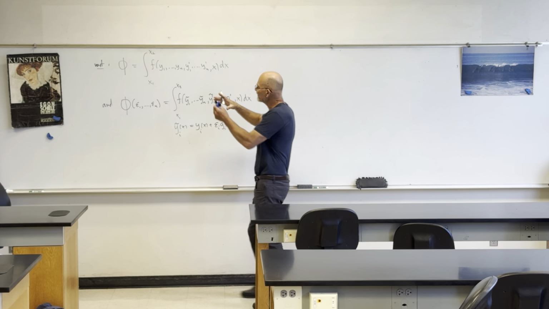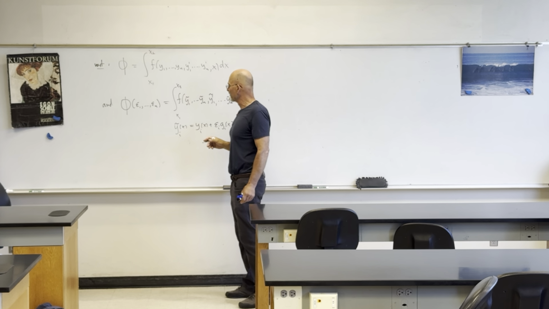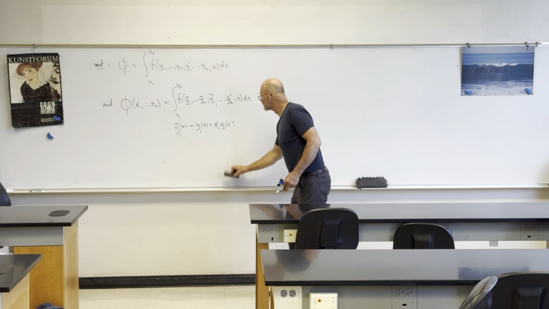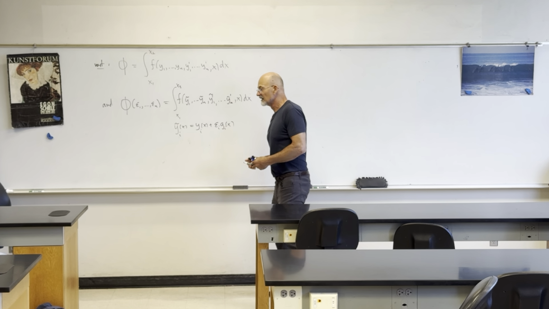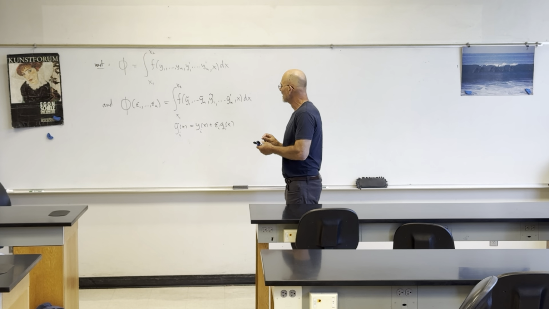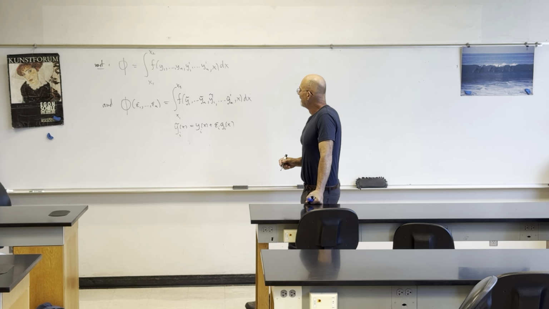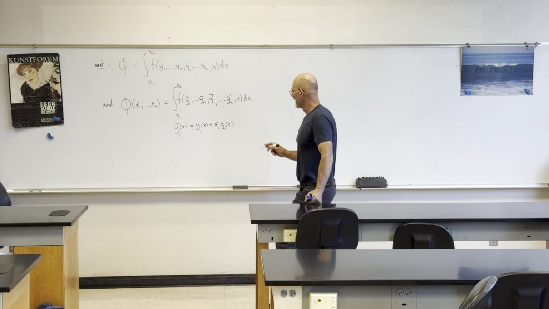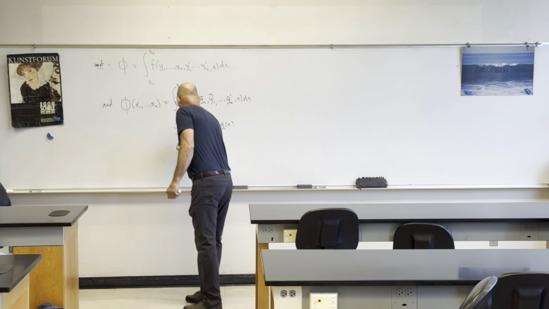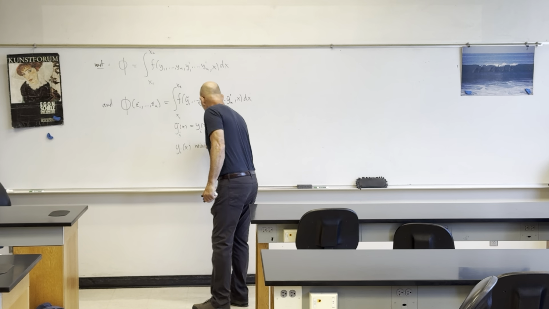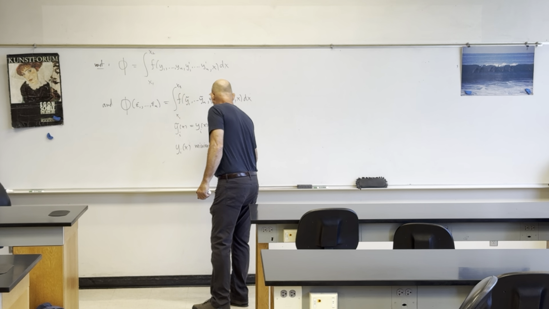So yeah, now we have a complicated version of what we did last time, but the way I'm labeling this is really crucial. And I'll write here y sub i of x is the actual function that minimizes phi.